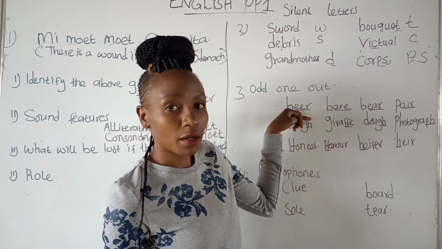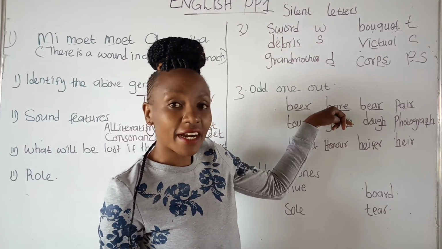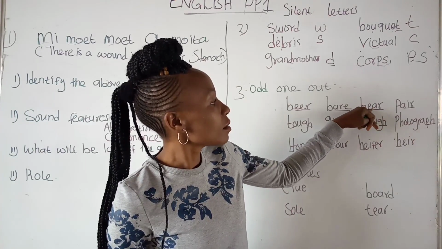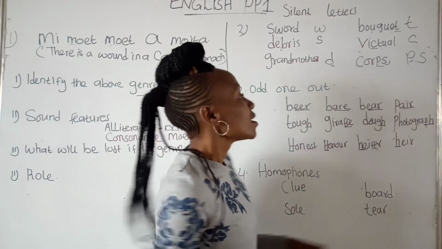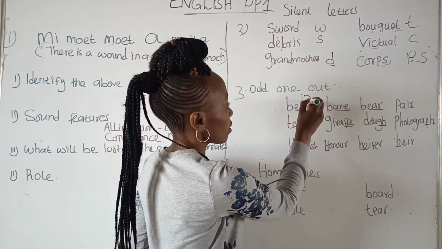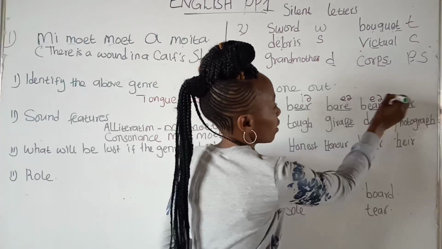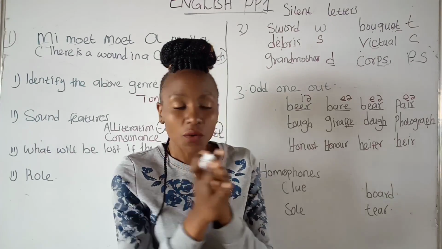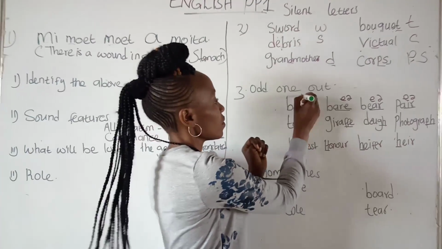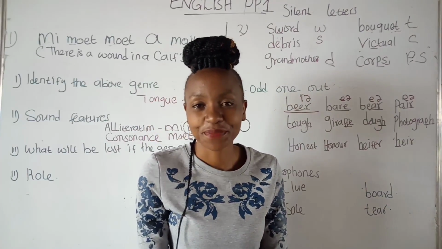So supposed to be beer, bear, air, pear. Here we have the ear, the diphthong. Here we have the air. So the odd one out is the beer. We have the ear, a diphthong.